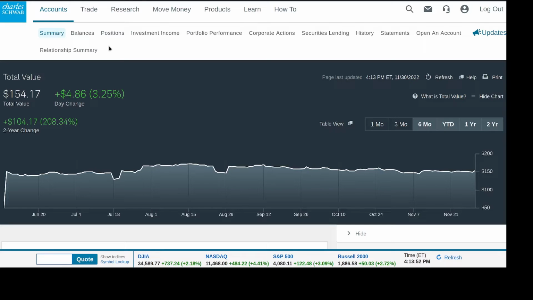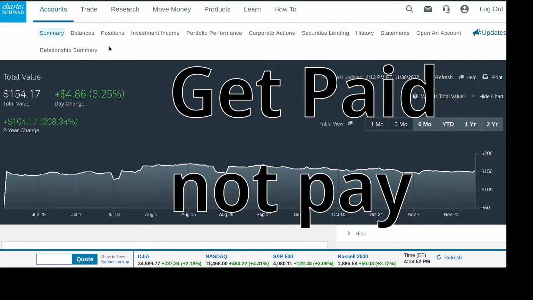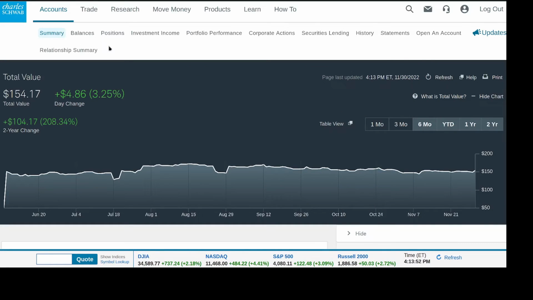So when it comes to stocks, neither Fidelity nor Vanguard pay for the order flow and send it to Citadel Securities like Charles Schwab does, and then they get a payment for it. Fidelity only does it for options trades, and they get money for that, and Vanguard doesn't do it for either. So that's the one thing I don't like about Schwab, but everything else I like pretty well.